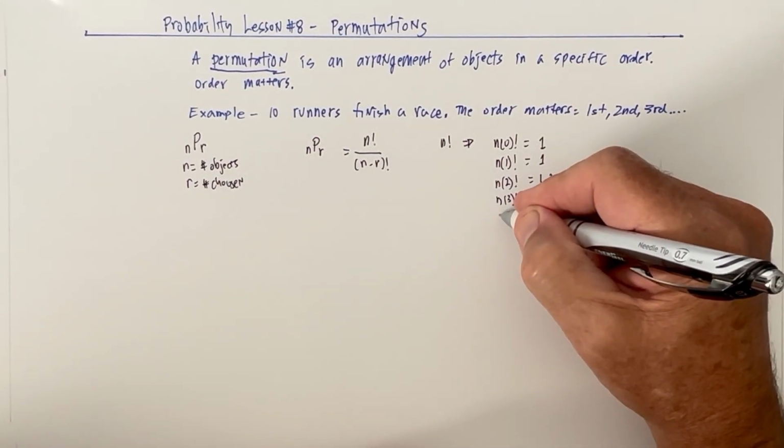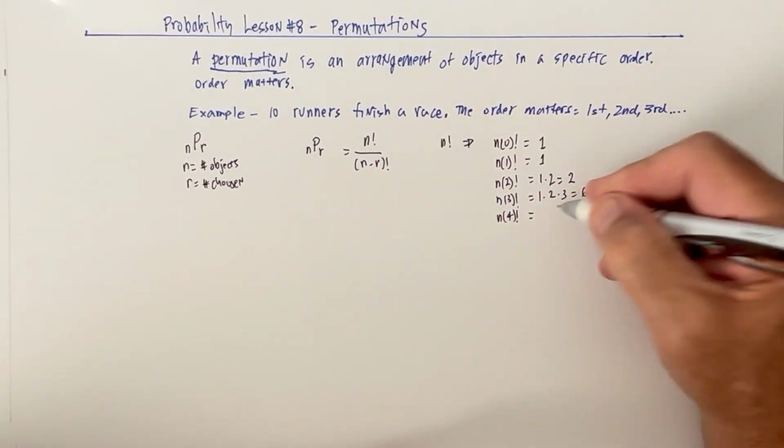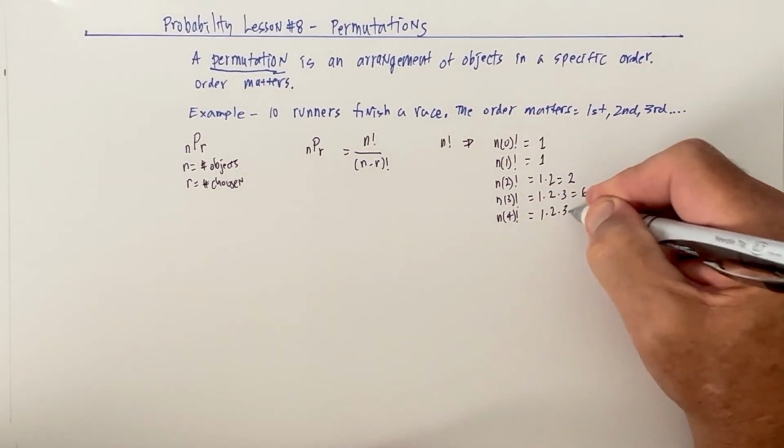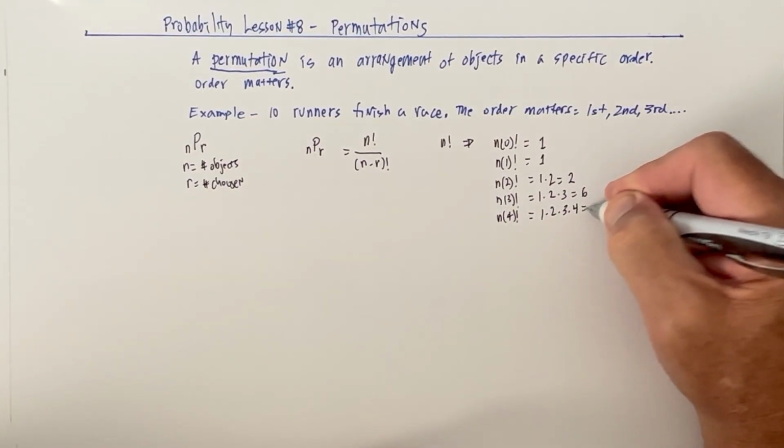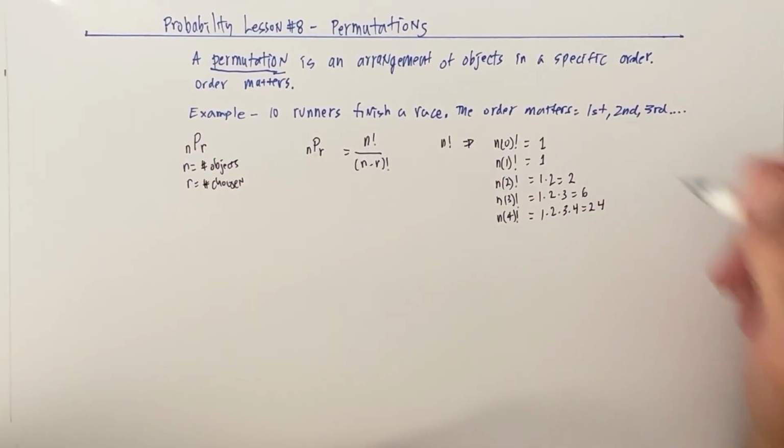And on and on, but n factorial of 4 is 1 times 2 times 3 times 4, which is 6 times 4, that's 24.